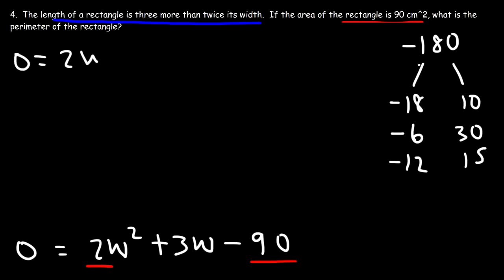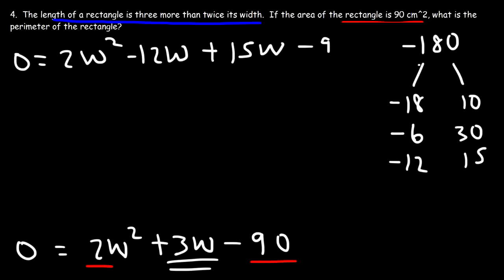So what we're going to do is replace the middle term 3W with negative 12W plus 15W, because as you can see, these 2 numbers add up to 3W. And now let's factor by grouping. In the first two terms, let's take out the GCF, the greatest common factor, which is 2w.